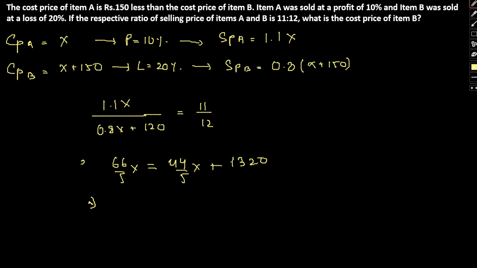If we subtract the same, it comes out to be 22 by 5x equal to 1320. So if we solve the same, x comes out to be 300. So therefore CP of A is 300.